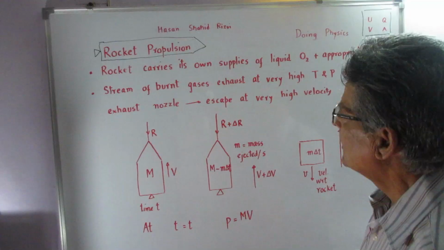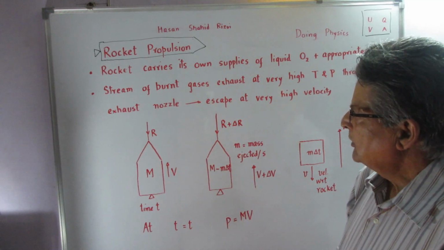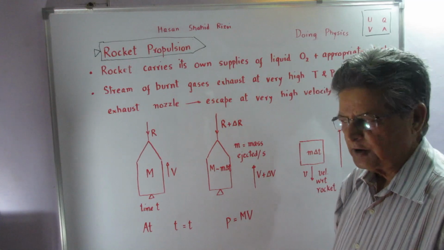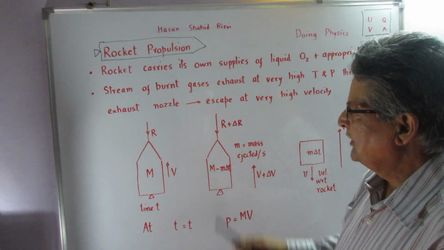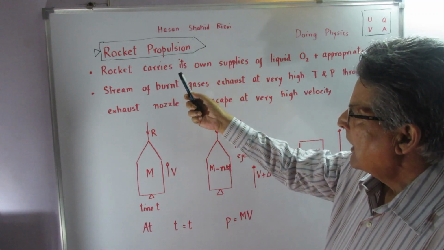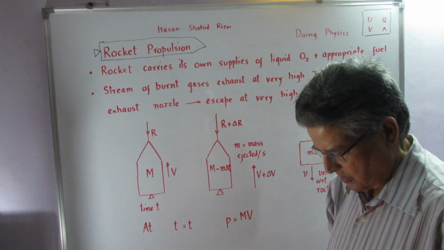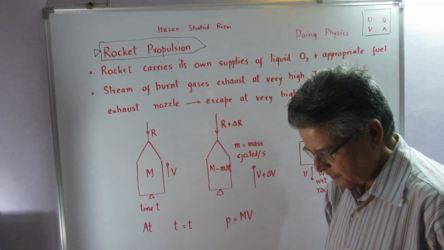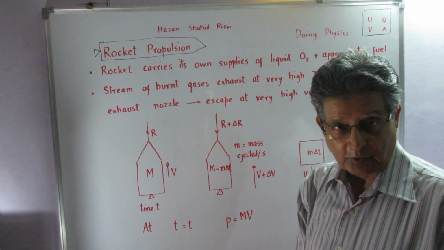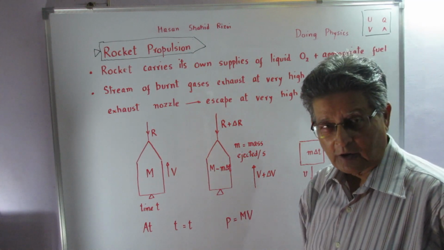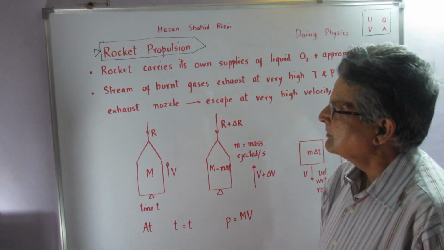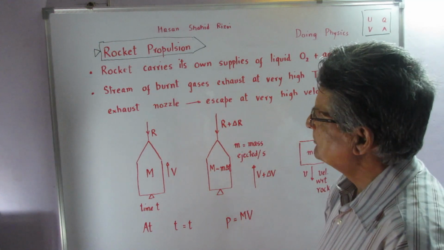Okay, next. So next we are talking about rocket propulsion, in which we discuss the principle of conservation of linear momentum. And it's not rocket science to understand what a rocket looks like. The rocket is a very easy device.